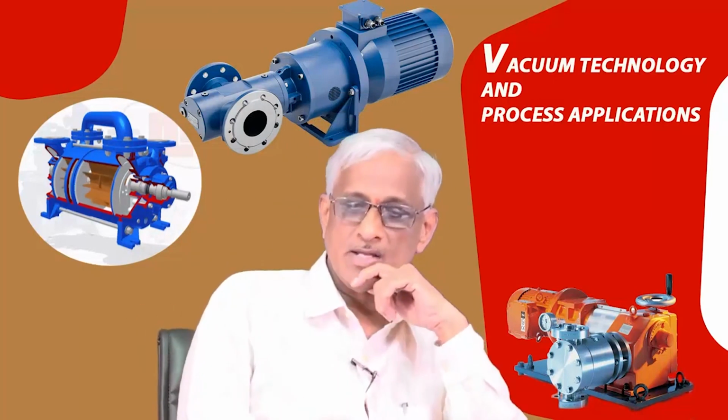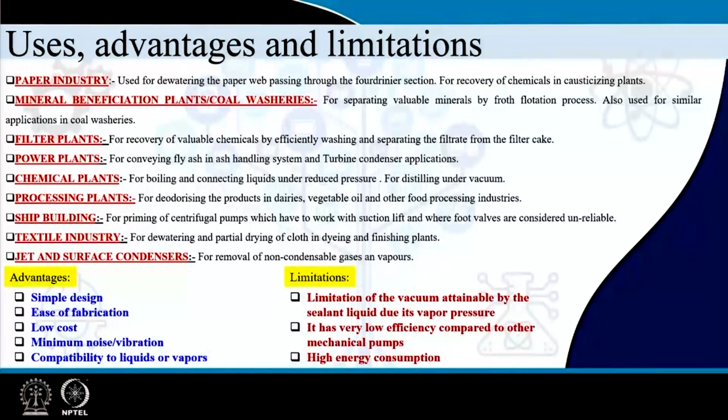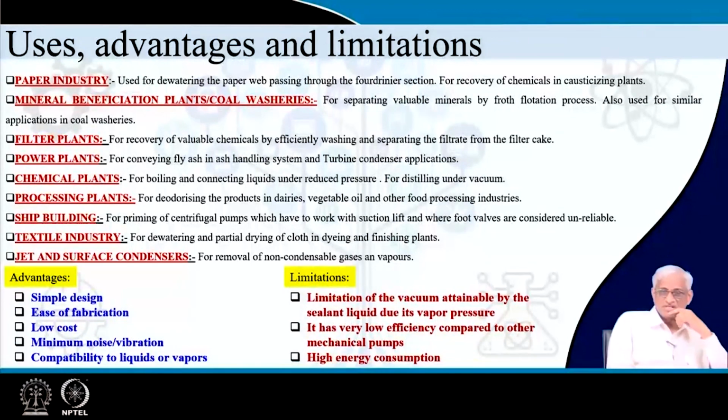And limitations are, they have a vacuum limitation, as I already told you. You cannot produce better vacuum than the vapor pressure. And high energy consumption, because you are trying to push water to create a ring. There is a lot of friction, there is a lot of pumping power requirement, or energy requirement, to push this to form a water ring.